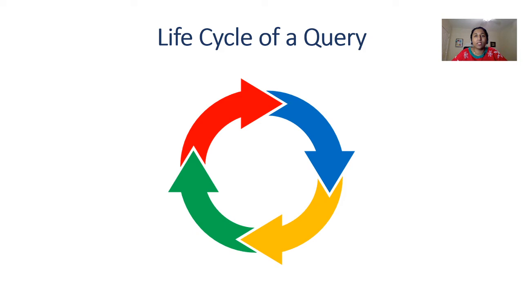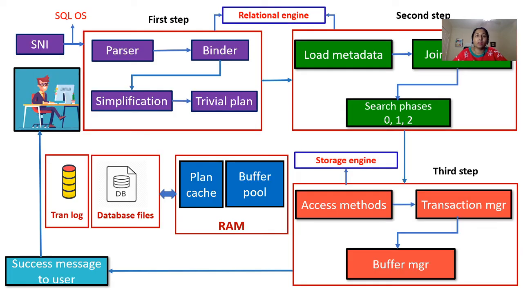Now let's see the life cycle of a query. If the life cycle of a query is divided into 3 different steps, then the first step contains the components parser, binder, simplification, and the trivial plan. All these components from the first step are very lightweight and very easy for SQL Server.